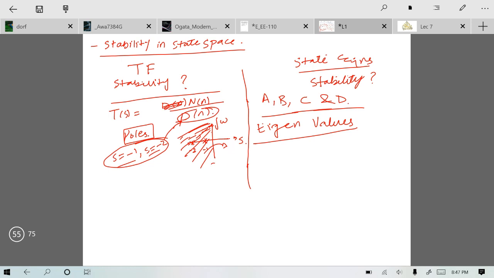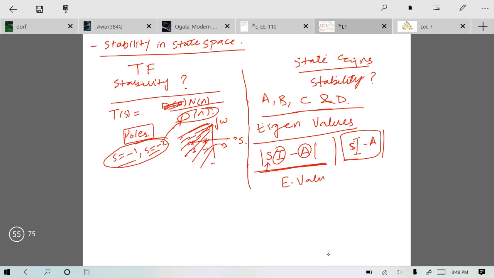So eigenvalues are basically found from the determinant of sI minus A, where A is the matrix, s is s and I is the identity matrix. Obviously s minus A is not possible, so we make s a matrix by multiplying it with the identity matrix. So sI minus A gives you a matrix, and taking its determinant gives you an equation which, when solved, gives you the eigenvalues.